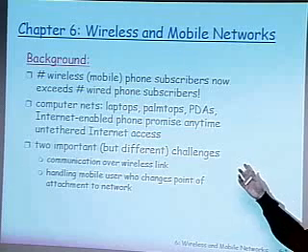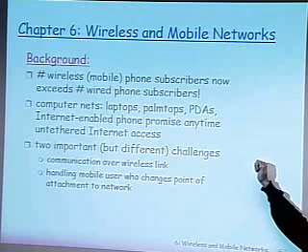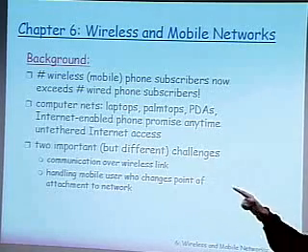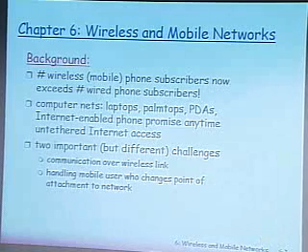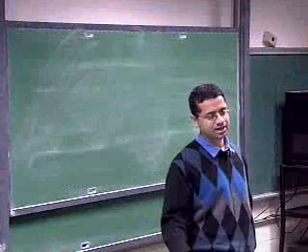For wireless networks, there are two challenges. The first is communication over the wireless link. We saw when looking at different kinds of MAC protocols that communicating over a shared medium is difficult because you have to grant access to a single user at a time.